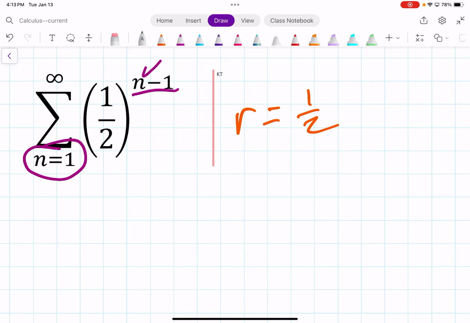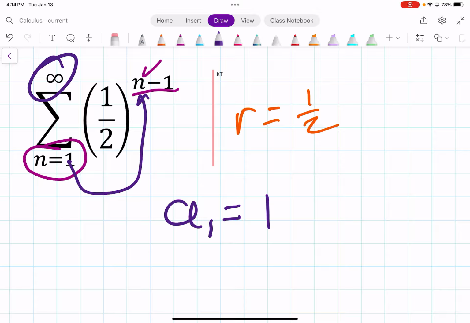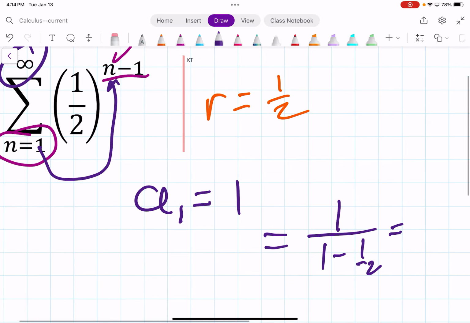So if this is geometric, well, what's a1? Now a1, again, is the first number that comes out, not necessarily when I substitute in 1, but notice that that agrees here. So what's a sub 1? 1. So what's this infinite sum? 1 over, which is?